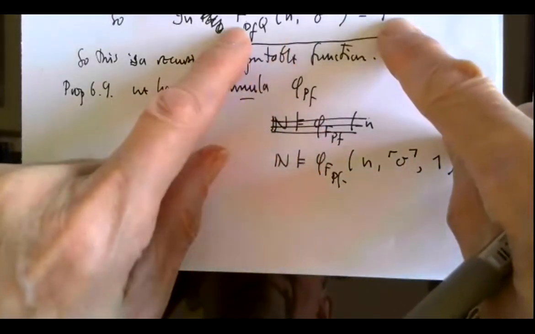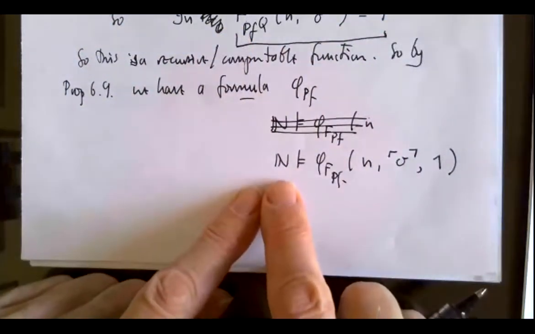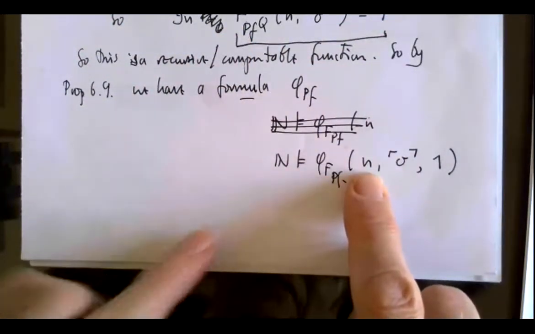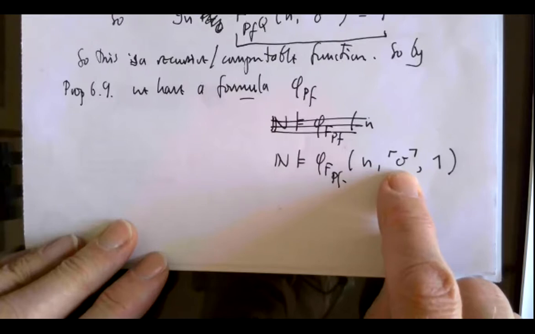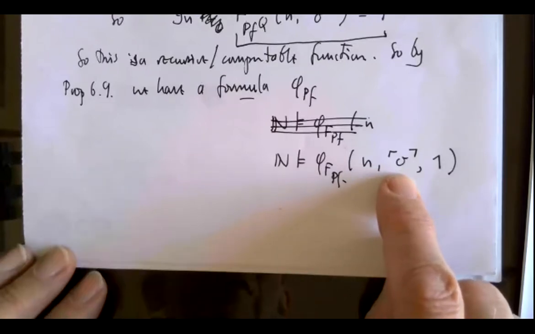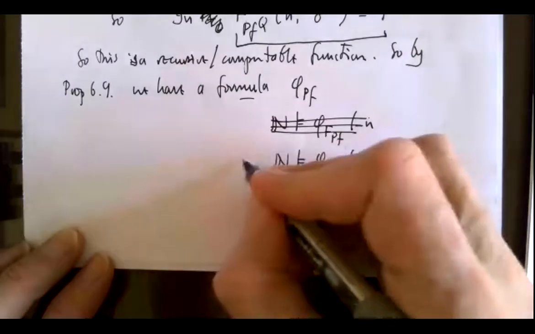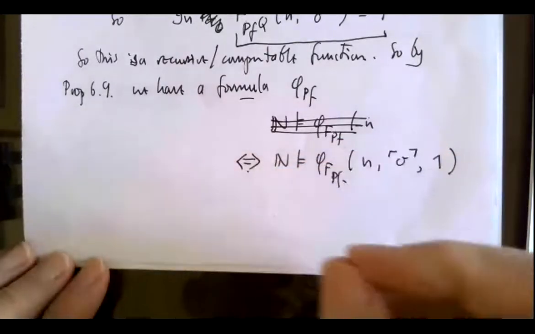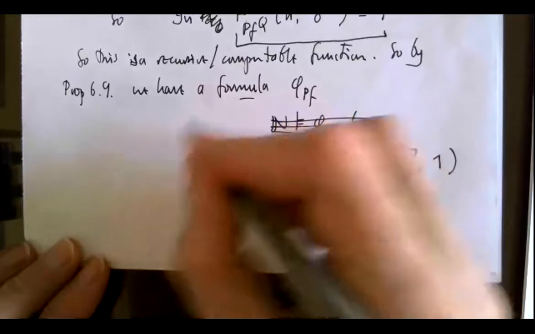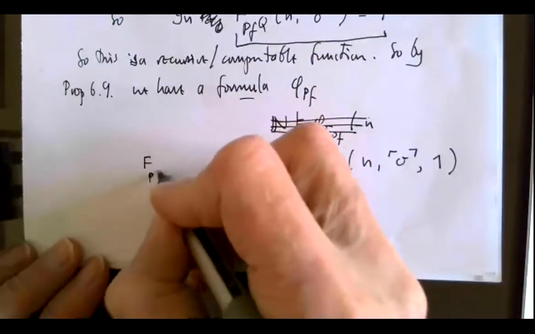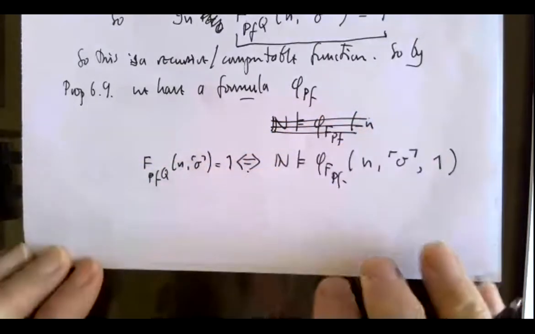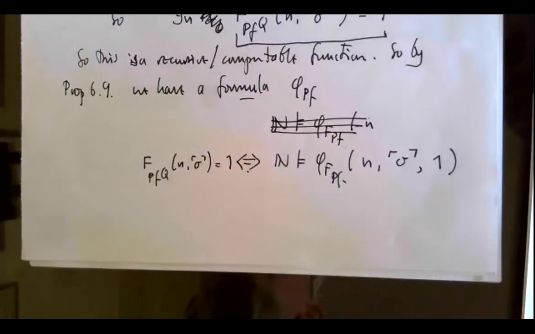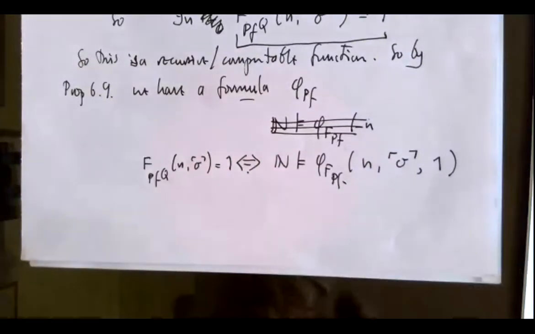So we think of this number n as a code of a proof whose last line is the formula sigma. So this happens if and only if the above equals 1 here.